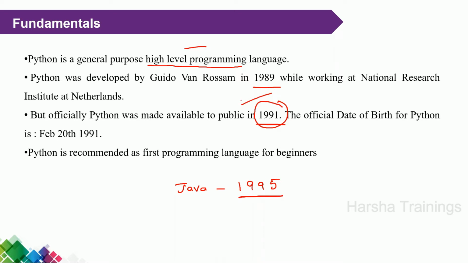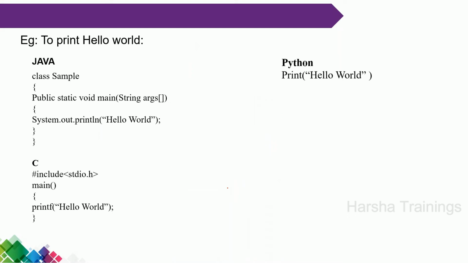Even though Python was developed, no one knew the importance of Python. That is the reason it did not become popular, and Java became popular. Nowadays, whenever the concepts of machine learning and artificial intelligence come into existence, Python becomes the most popular language.